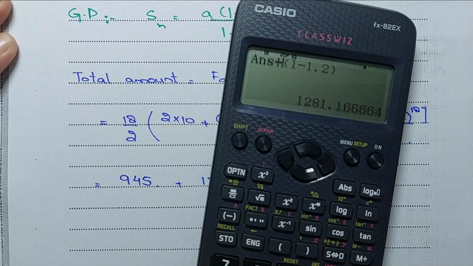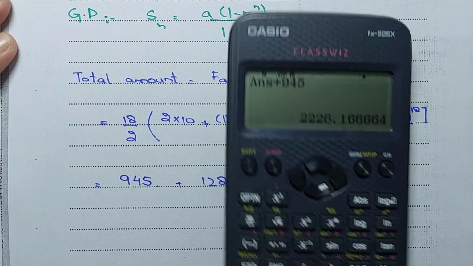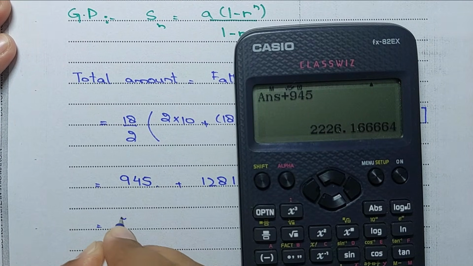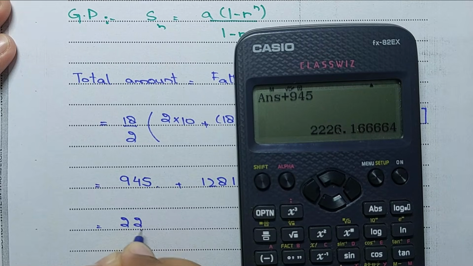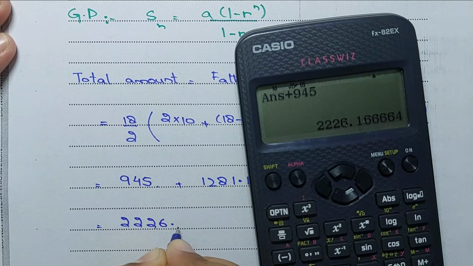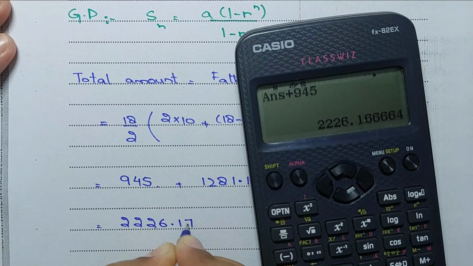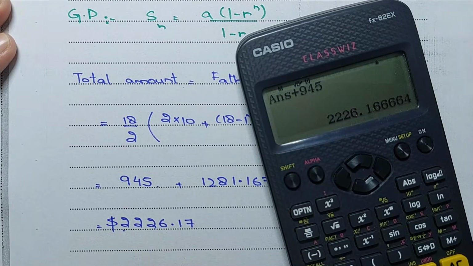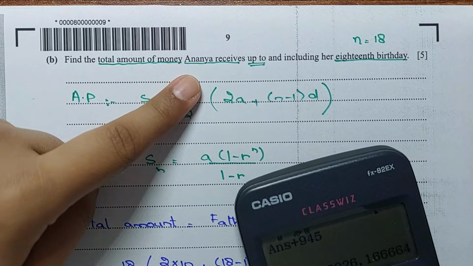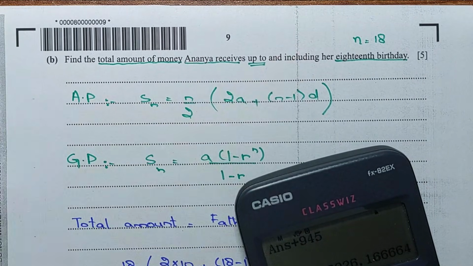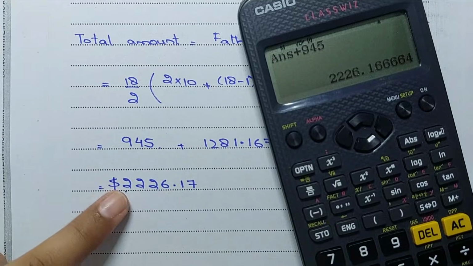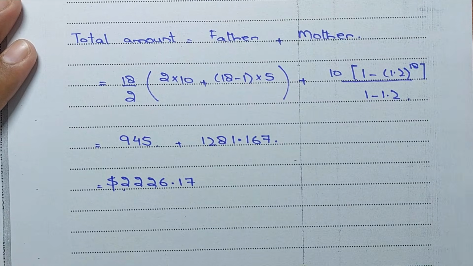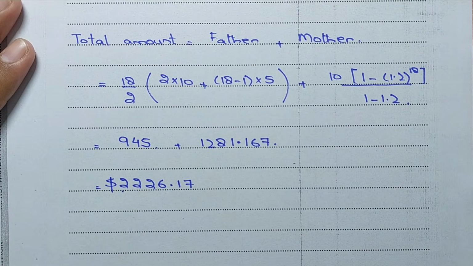Add this to 945: $2226.17. This is the total amount of money she receives up to and including her 18th birthday, from year 1 till year 18, from both her mother and father.